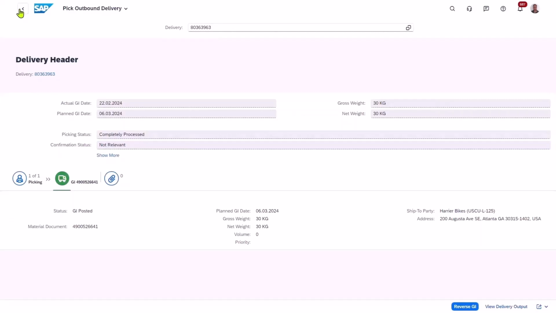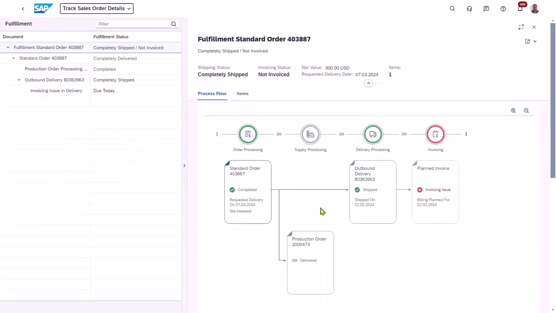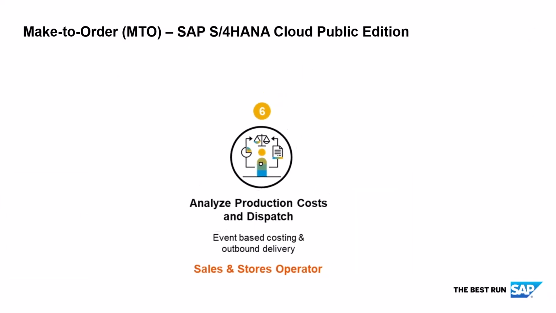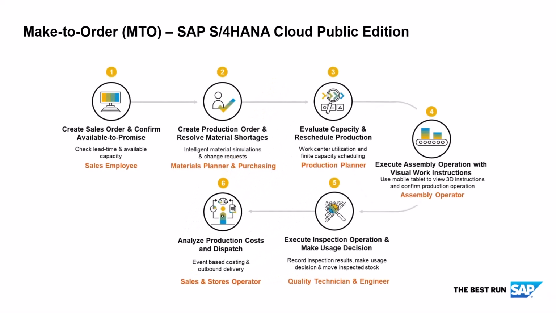And if we go back to the overall process flow, we see the next step is to print the invoice as the shipping has been completely done. So now the costs have been reviewed and dispatching has taken place, the sales employee will complete the process.